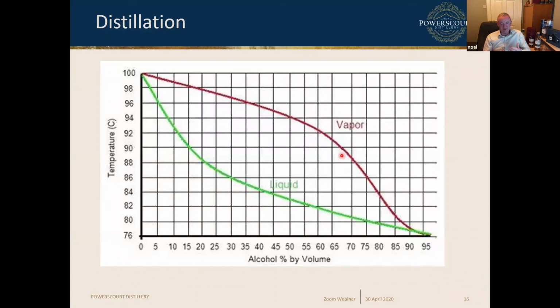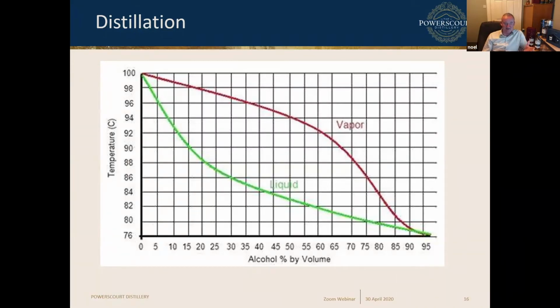Now that's if you just had a liquid at that strength, and that vapor would be that strong when it condenses. But in a typical distillation, the alcohol comes off strong first, and as it distills across, the liquid in the pot still is weaker, so the strength of the distillate drops. It takes about 8 to 10 hours to run a distillation.